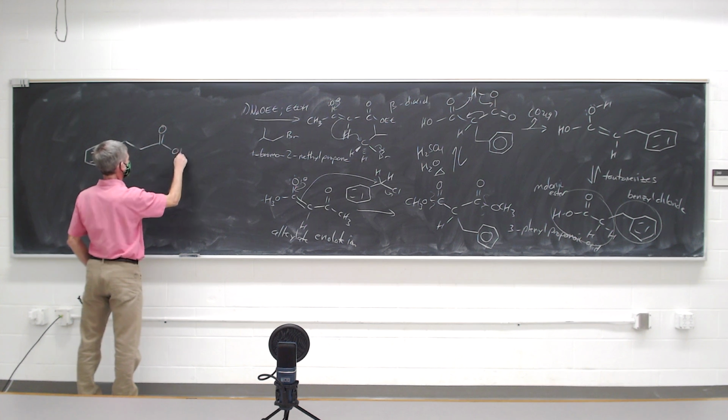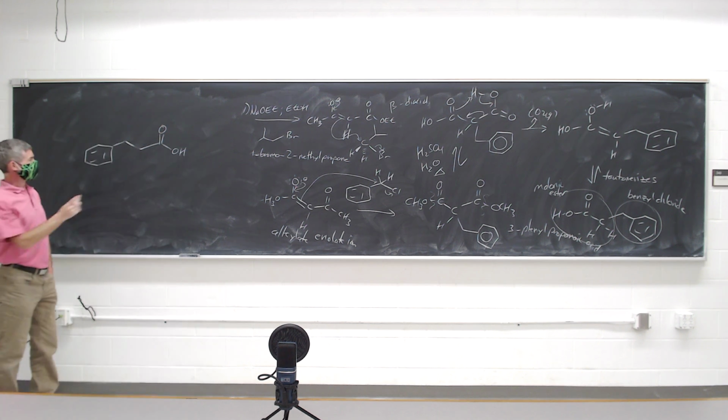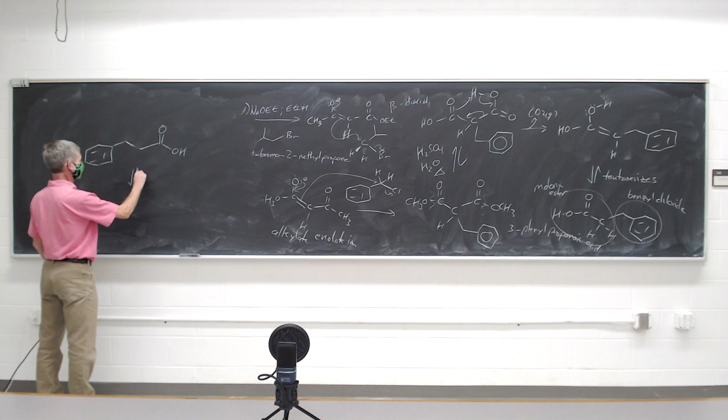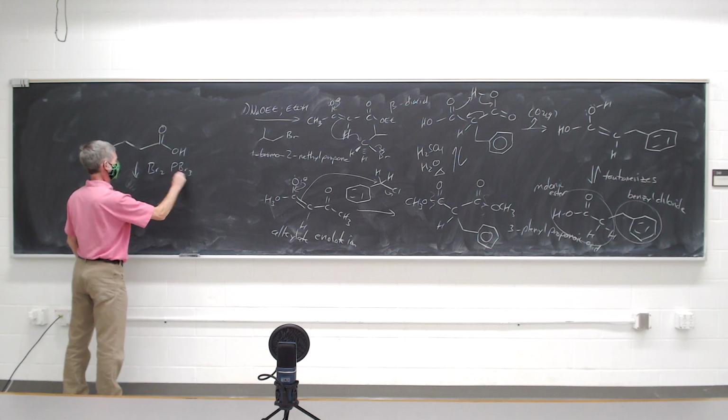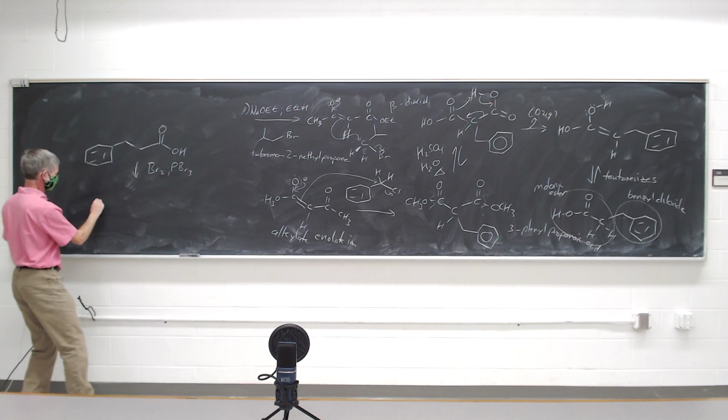a carboxylic acid like this, right? We know that the Hell-Volhard-Zelinsky reaction, we treat this with bromine and PBr3, we can put in an alpha bromo group.